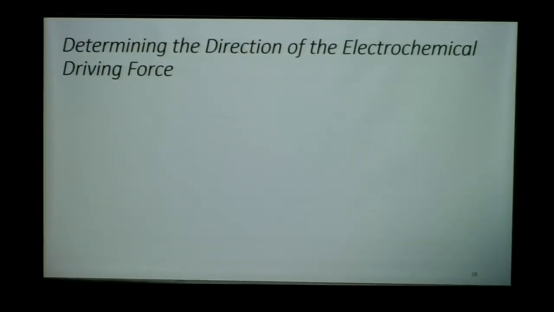Okay, so let's look at how we determine the direction. Let's look at a flow chart for determining the direction of the electrochemical driving force. So let's try to synthesize this a little. Okay, so we're determining the electrochemical driving force.